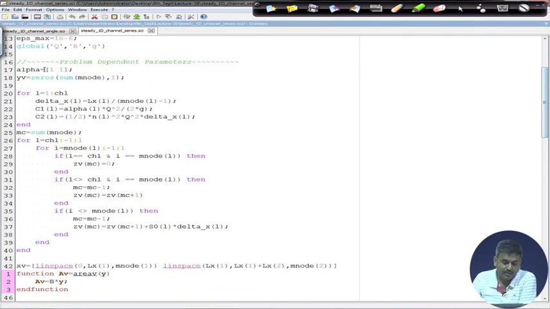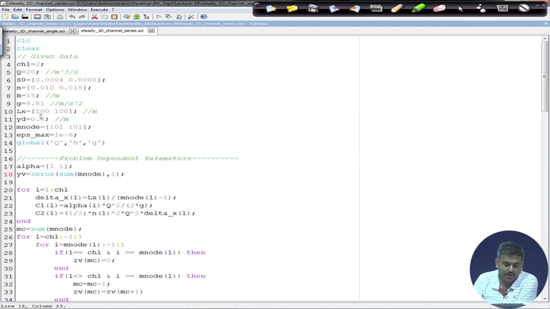Now, alpha I have considered 1 and 1 for both the channels, and YV, this is some node, that is M node L, or M node 1 plus M node 2. We have a total 202 variables because we have 101 nodes for each of these channel reaches.